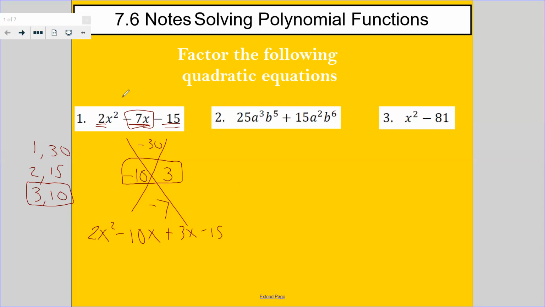And then when we rewrote it, the whole point of that was so that I could factor by grouping. So I'm looking at these first two, and I know what they have in common is a 2x. When I take out a 2x, x times 2x gets me back to this 2x squared. And 2x times negative 5 gets me back to this negative 10.